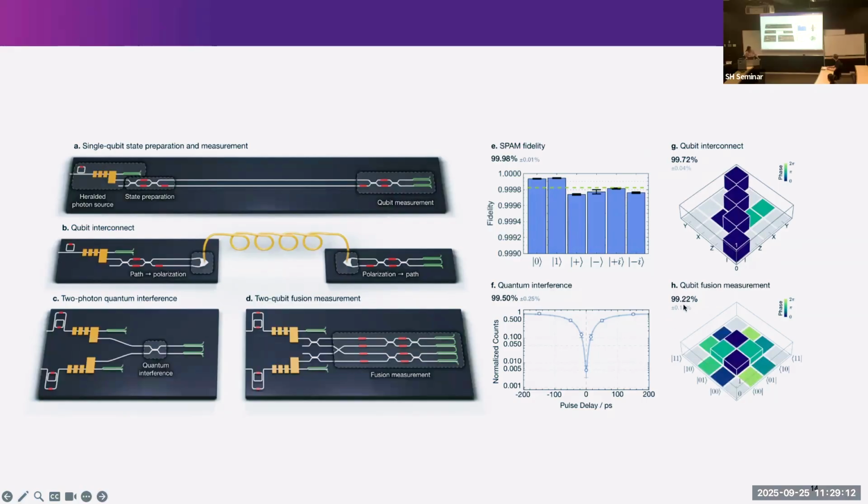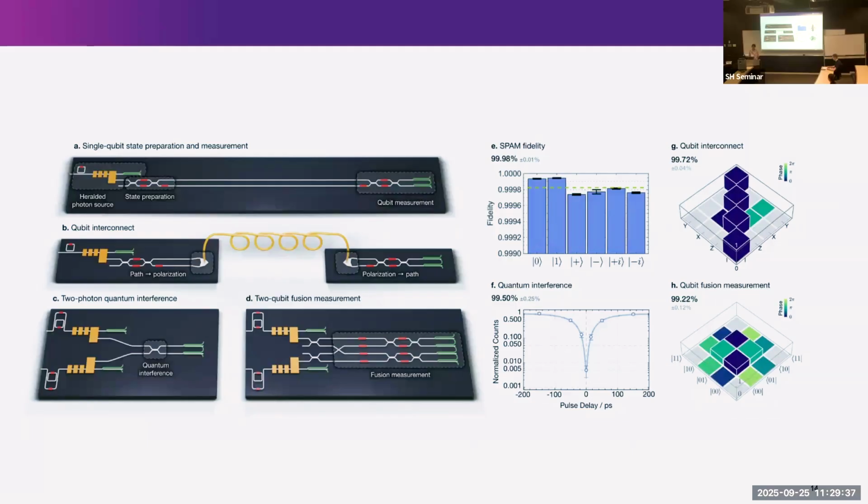This is like fidelity to the entangled state. That's 99.2%. Okay? SPAM error, so preparation and measurement error, all above 99.6%. I was drooling reading this paper.